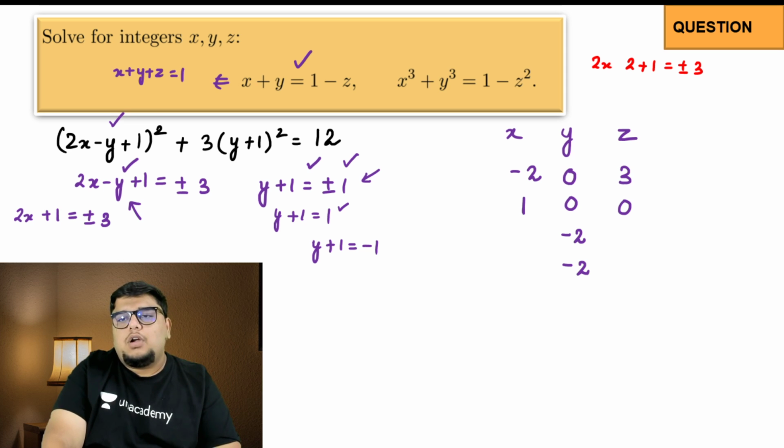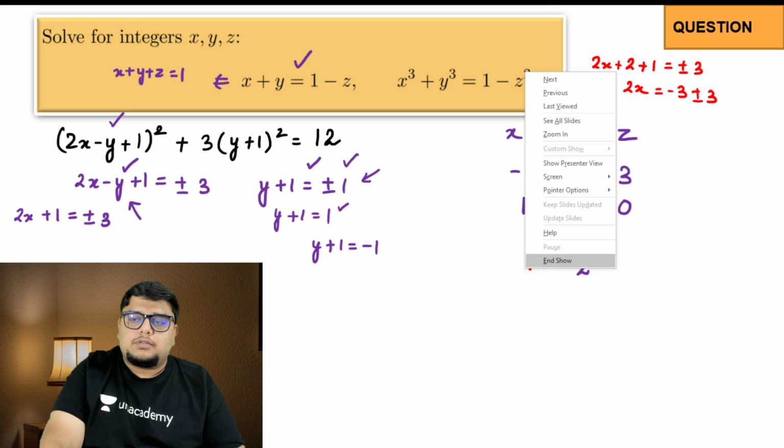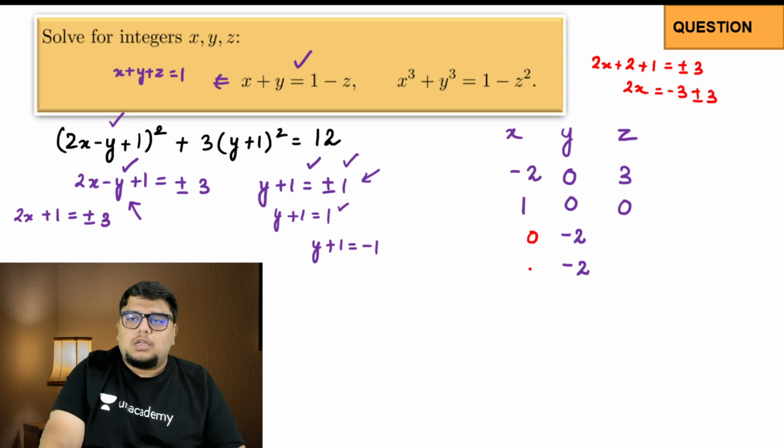So you have 2x minus minus 2, basically 2x plus 2 is equal to plus minus 3. So 2x is equal to minus 3 plus minus 3. So if we take plus then the value of x will be 0, and if we take minus then it will be minus 6 by 2, which is minus 3.